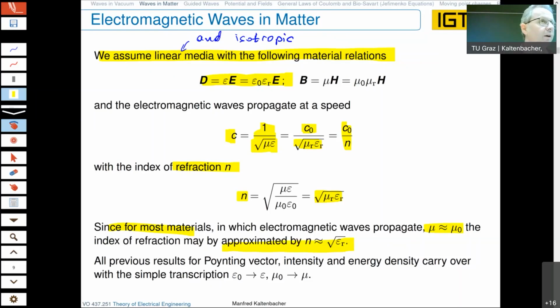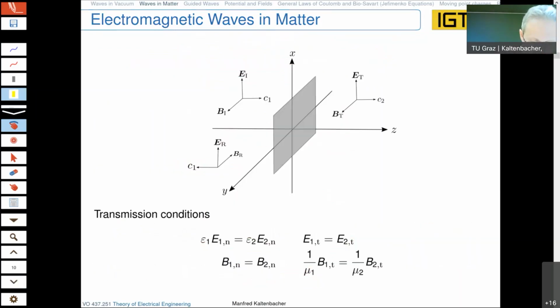Everything we have derived before in vacuum, we can clearly apply here when we have any medium where epsilon r or mu r differ, but in most cases we will have materials where mu r is 1. So we just have to substitute the values by mu and by epsilon. That we will then do next time.